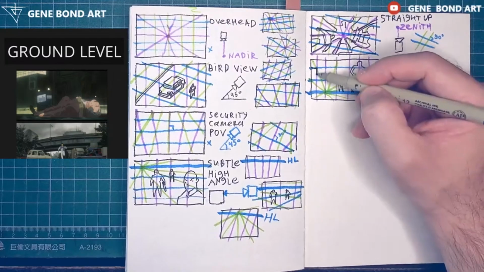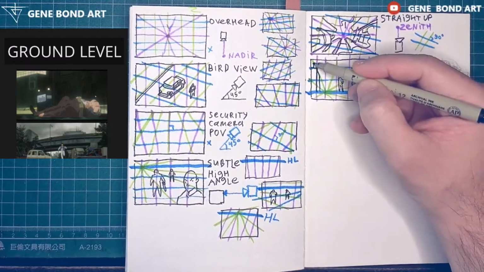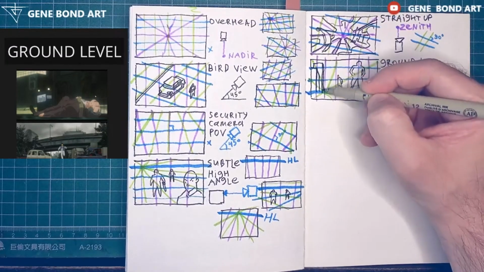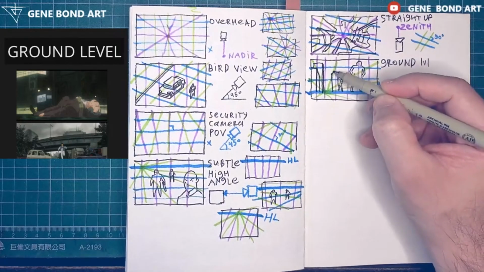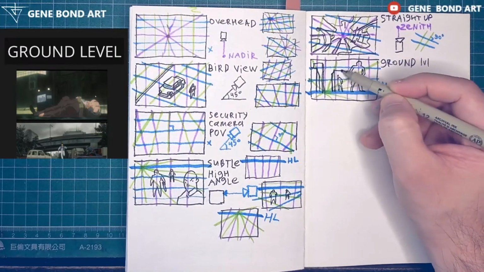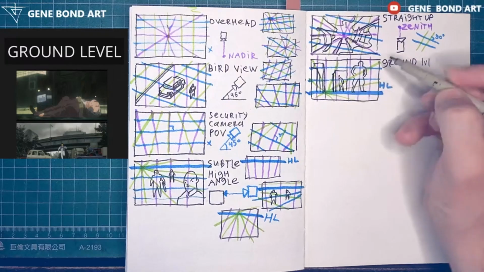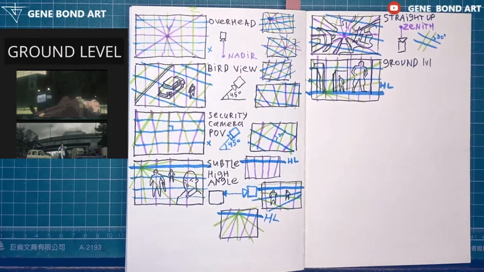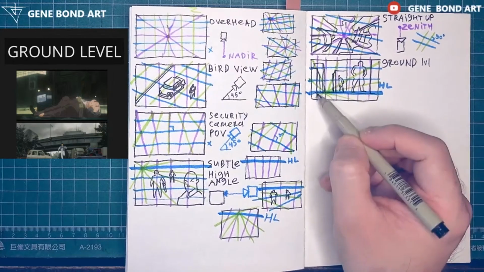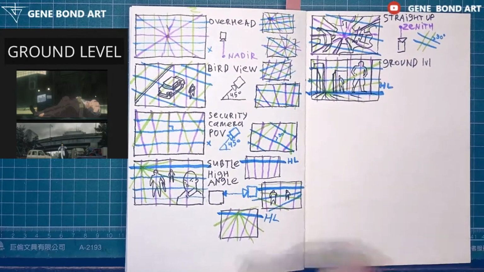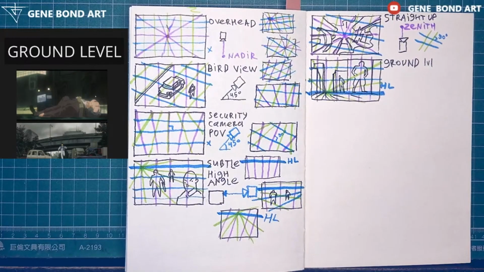And if you draw buildings, you see kind of this.